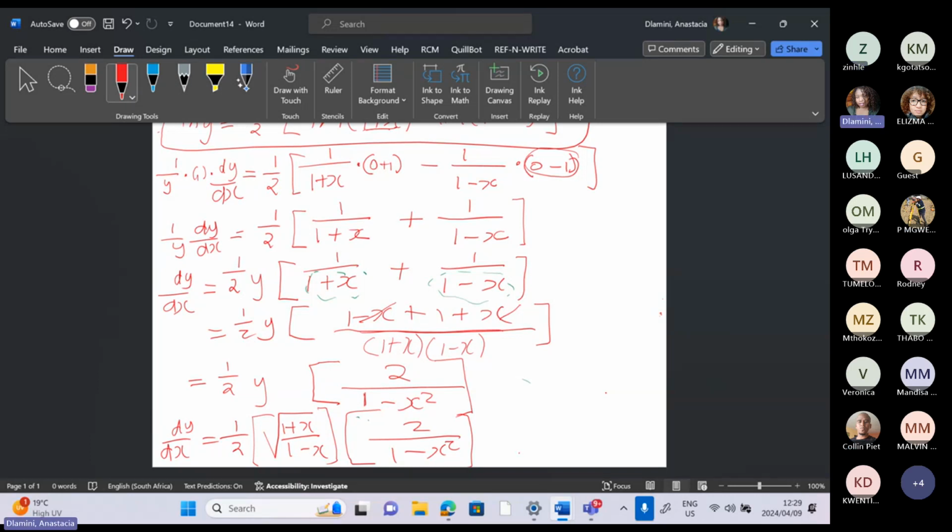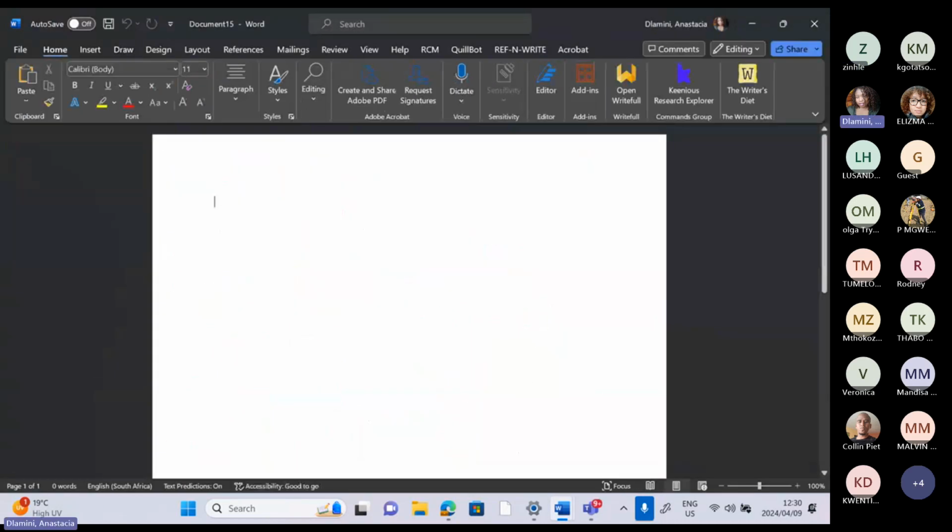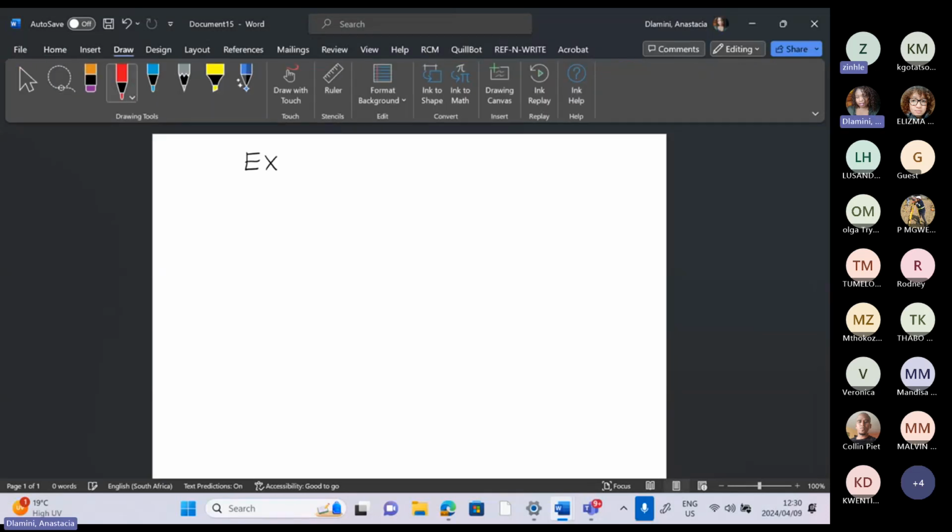So let's go now to successive differentiation, example 2. Remember, we are skipping; as long as we know what we are doing, now we're going to the examples. In example 2, they give you z equals xy, and y is a function of x.